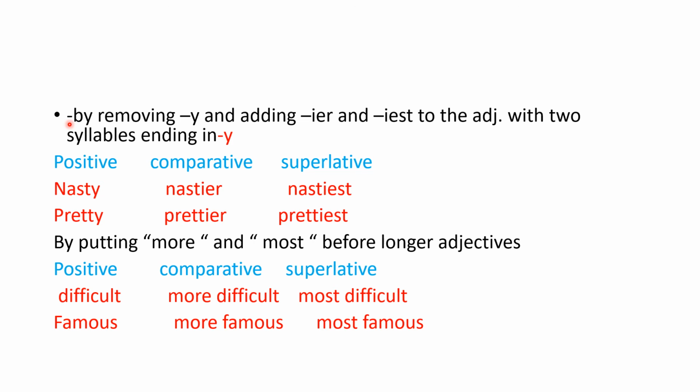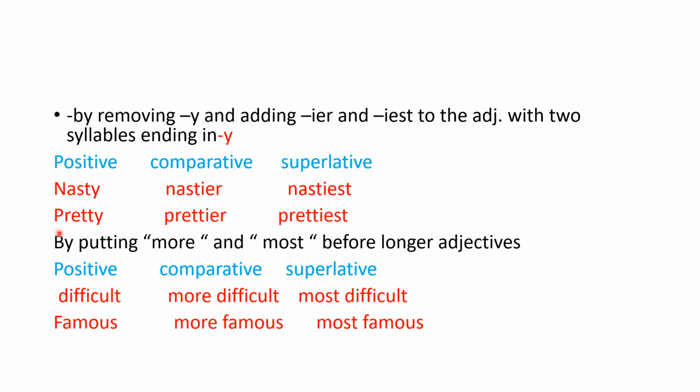Sometimes we make our comparative and superlative degrees by removing y and adding ier and iest to the adjective with two syllables ending in y. दो syllables में दो sound होती है, जैसे देखिए nasty, pretty. देखिए एक word बोला clean, एक बार में बोल रहे हैं ना, that is one syllable. जब इसमें दो बार, nasty, हम एक बार nasty, pretty. ओके, तो in the words which are having two syllables and ending in y, we remove the y and add ier in the comparative degree and iest in the superlative degree.